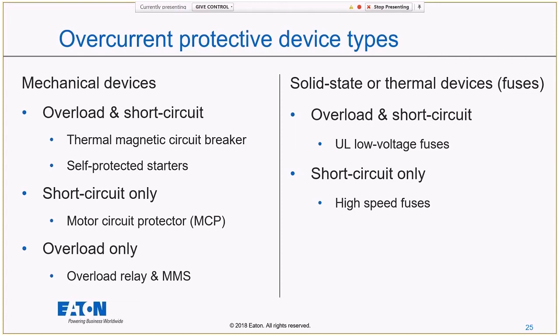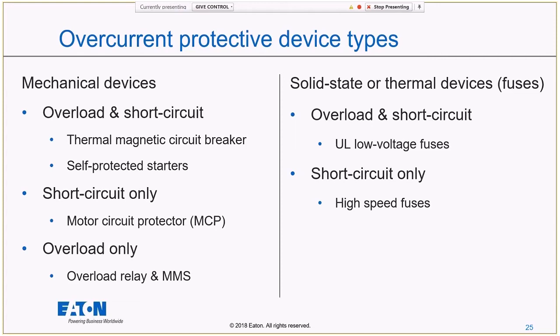On the solid state or thermal devices side, when we talk about fuses, we've got fuses that have both overload and short circuit protection. Those are my UL low voltage fuses. What we in the industry define as UL low voltage fuses are easily identified because they have a class designation.